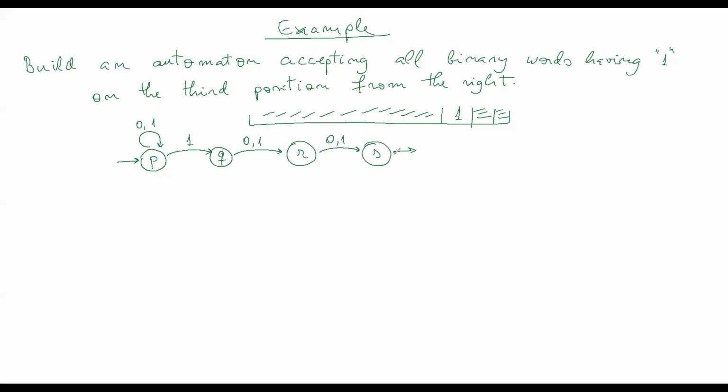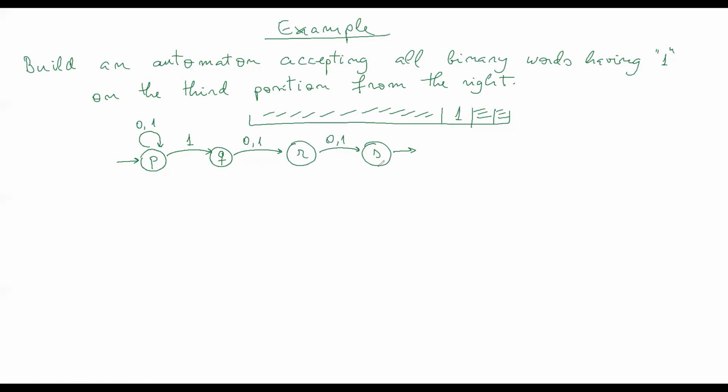So again, the logic here is you wait and you keep reading letters from your input until maybe you find a 1 on the third position from the right, and then you check, was this in fact the third position from the right? So you check, I have one more letter to read, and then one more letter, which makes this one the third from the right, and I'm getting here, which is a final state.